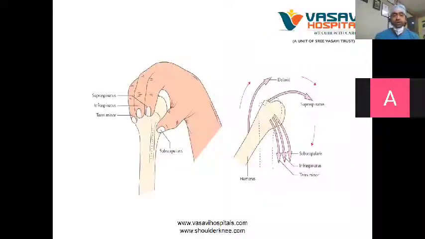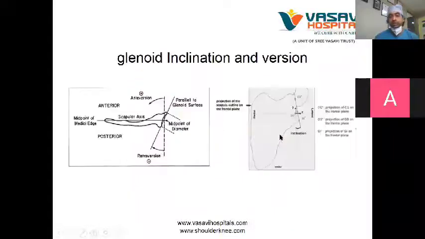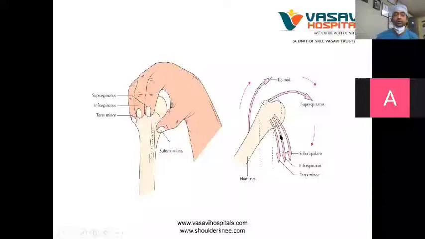So I would like you to have a look at this diagram. If you see on the right, this is the proximal humerus, and the arrow marks represent the force of pull of different rotator cuff muscles, and obviously of the deltoid also. So this is what makes the shoulder function the way it does.